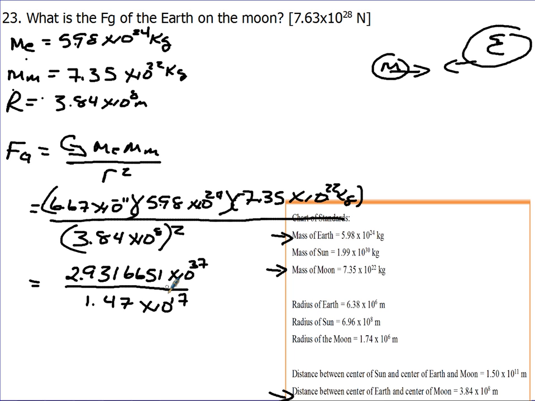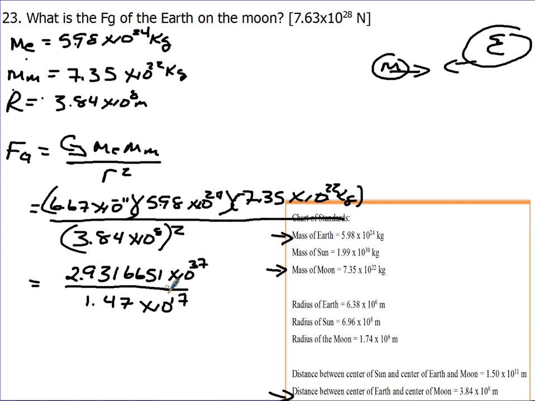6.67 times 10 to the negative 11th times the mass of the Earth, which is 5.98 times 10 to the 24th, times the mass of the Moon, which is 7.35 times 10 to the 22, gives me 2.93665 times 10 to the 37th. Okay, and then divide that by the radius, which is 3.84 times 10 to the 8th.